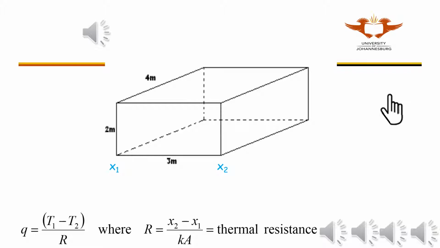What is the value of x2 minus x1 in the thermal resistance expression?